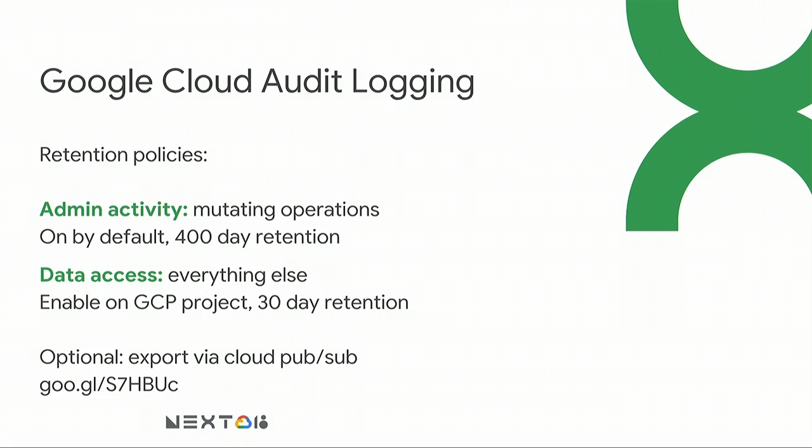For everything else, for things like read access to the Kubernetes API, you can enable data access logs, and those get retained for 30 days. Those get ingested directly to Stackdriver, where you can analyze them there. If you have another tool that you like to analyze your logs with, you can easily export logs from Stackdriver using something like Cloud PubSub.